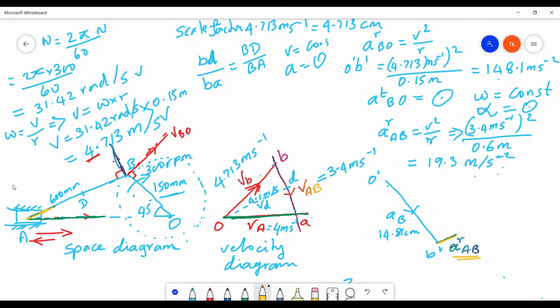At the meantime, I will have the perpendicular also, why? This has a tangential acceleration also. So this is going to be the radial acceleration part, and this is going to be the tangential acceleration part. So this is radial, right?